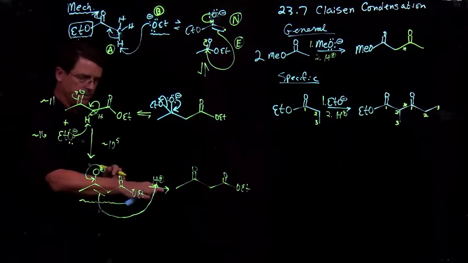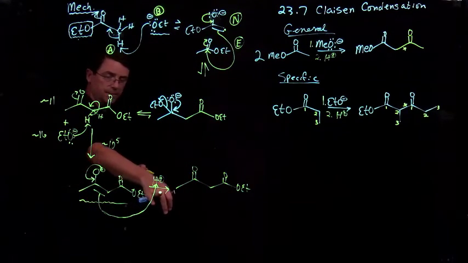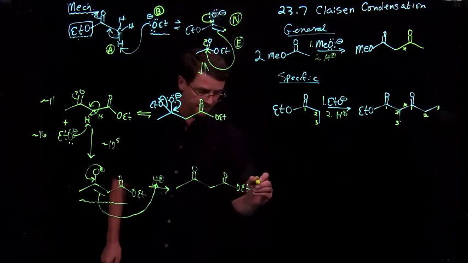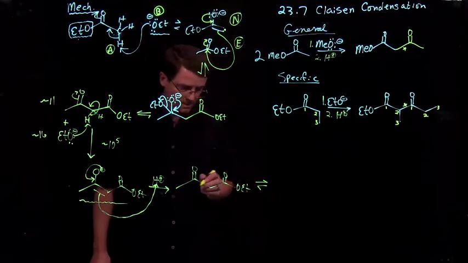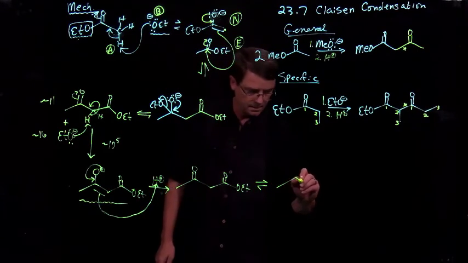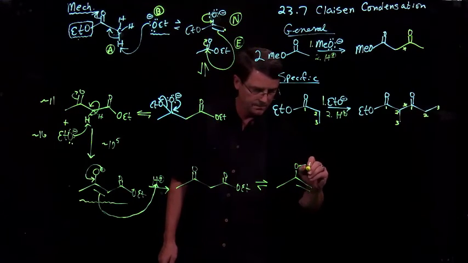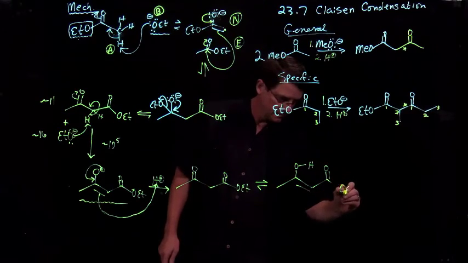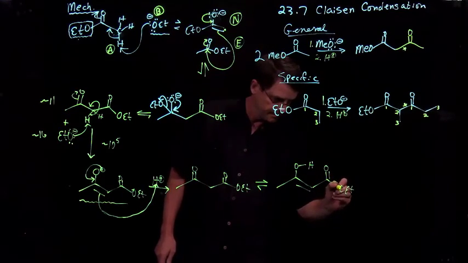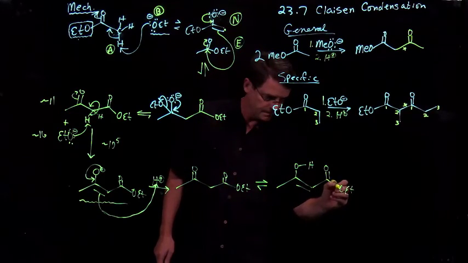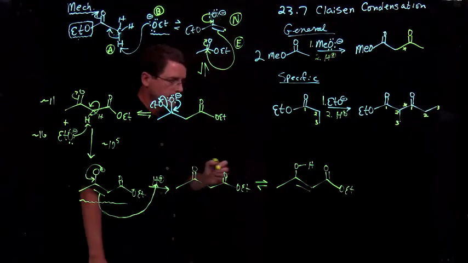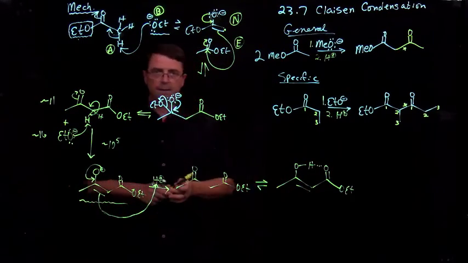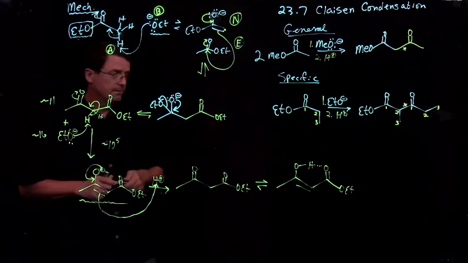Okay, so the final step, the addition of acid in the workup, produces the product. Now, of course, we know that this is in equilibrium with its enol isomer, hydrogen bond there, and depending on the exact details of the structure, we get a significant quantity of the enol.